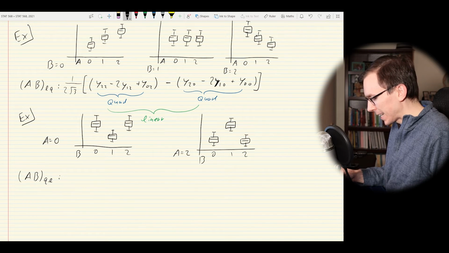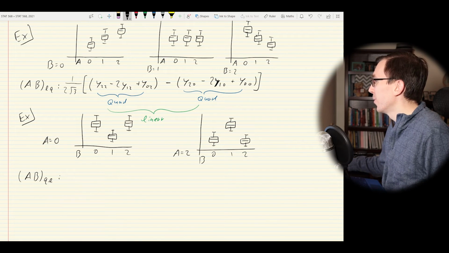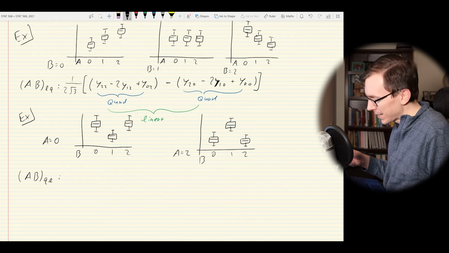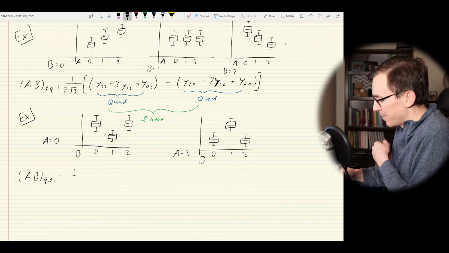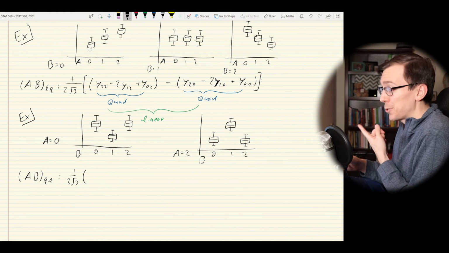We have AB QL for quadratic linear. In this case, this one's kind of the same thing as the above one, but you're just going to change the indices. But there is a different way that you can interpret it.